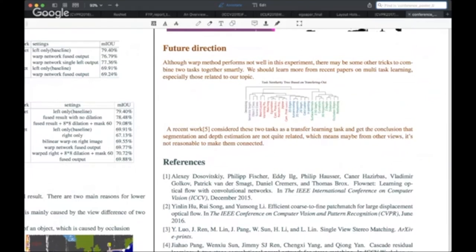One paper considered these two tasks as transfer learning, and their conclusion is that the segmentation task and the stereo matching task are not quite connected. You can see the conclusion from the image, which is the task similarity tree, which means it is not reasonable to connect these two tasks.